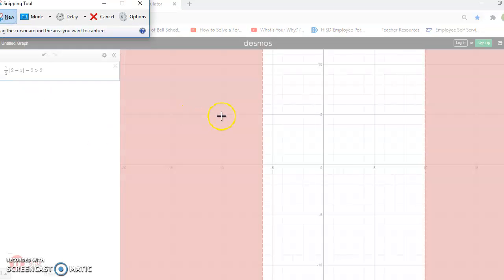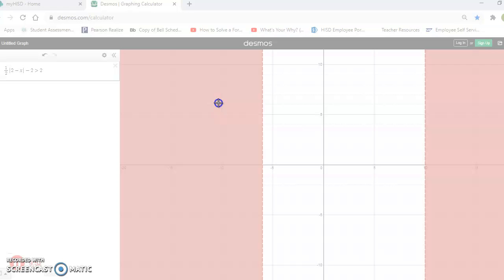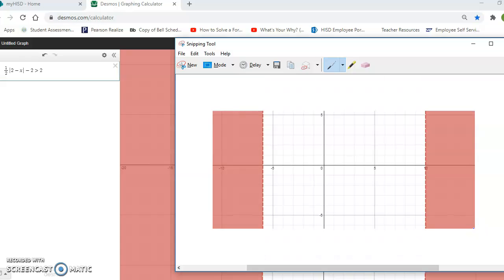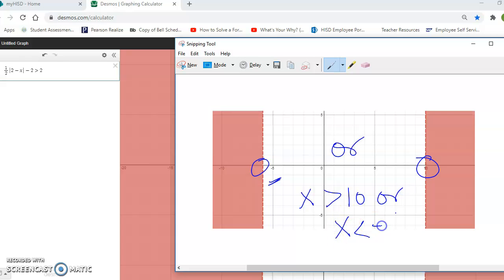I can just snip this part and show you that this is -5, this is -6, and this is +10, and in between there is space, so I'm going to write or. So x is greater than 10 or x is less than -6.